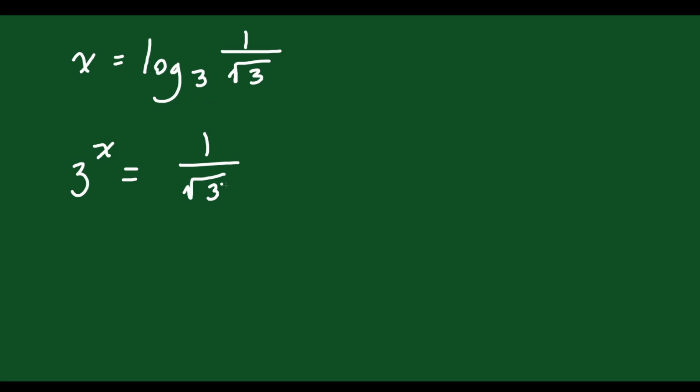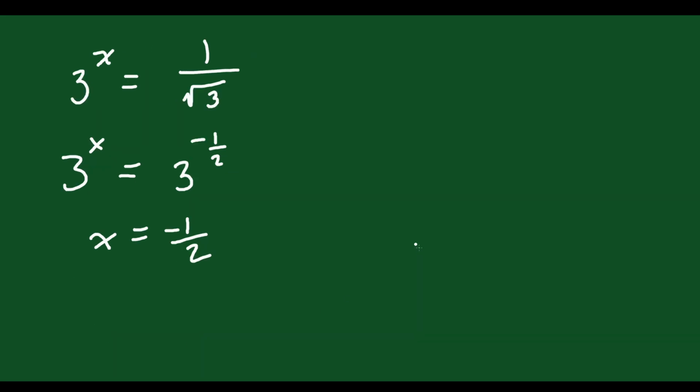Now, can I rewrite this to have the same base? Sure, why not. So 3 to the x equals, how do I write this with a base of 3? Well, I'm square rooting it, so the exponent on the 3 has to be a half. And it's also flipped upside down, so it's going to be negative a half. So if 3 to the x equals 3 to the negative 1/2, x must equal negative a half.